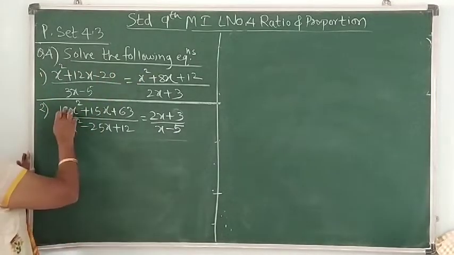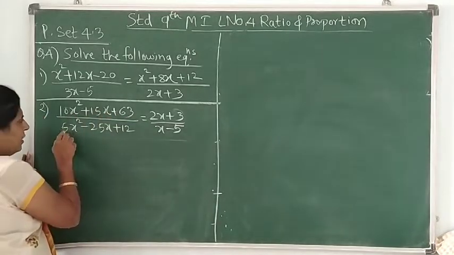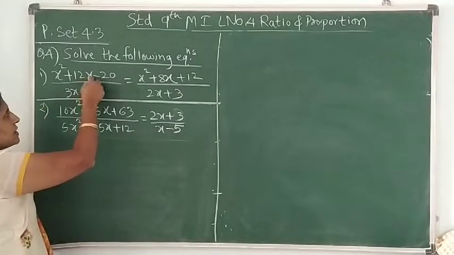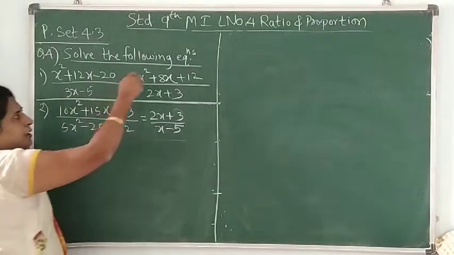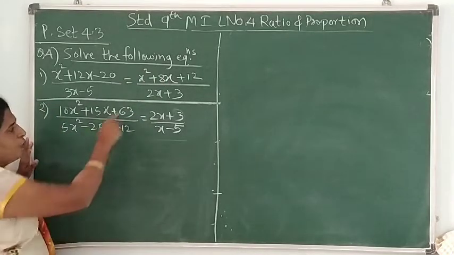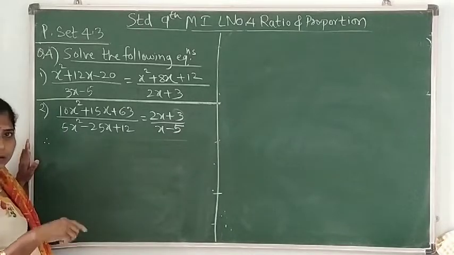Now what is in this question? It is 10x square plus 15x plus 63, a trinomial, divided by another, which is a binomial. So here it is trinomial upon binomial, trinomial upon binomial. Suppose we want to work with this, here we need to go by alternate.